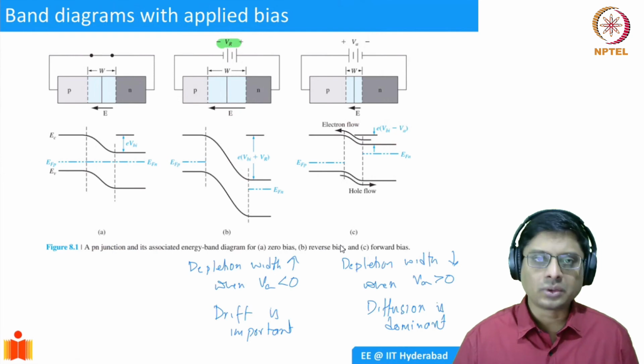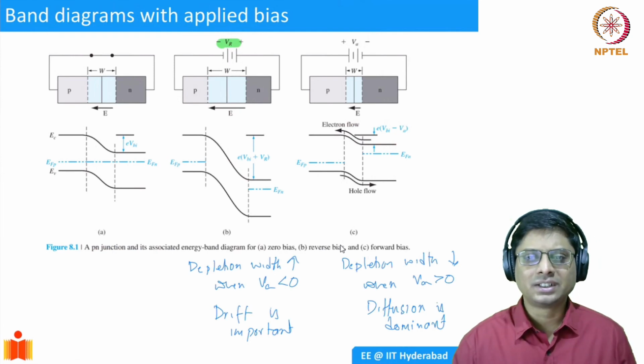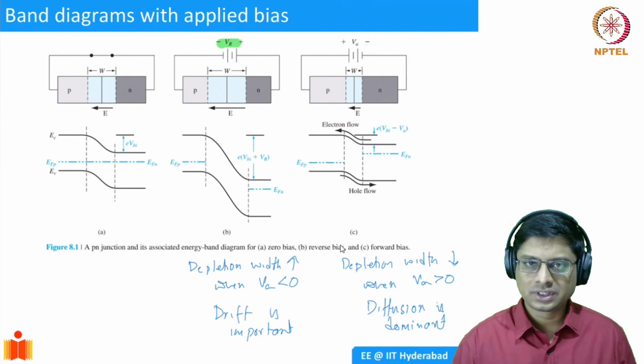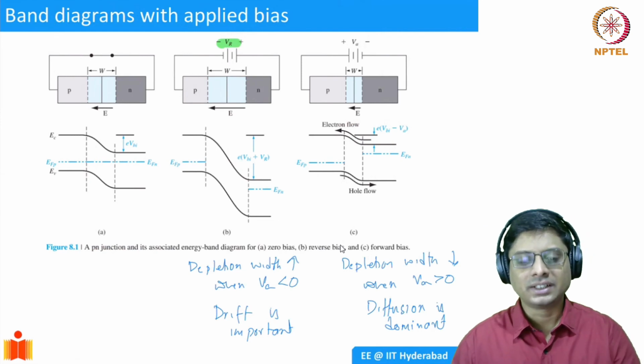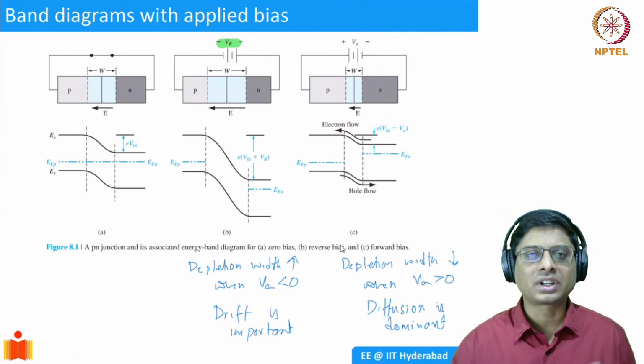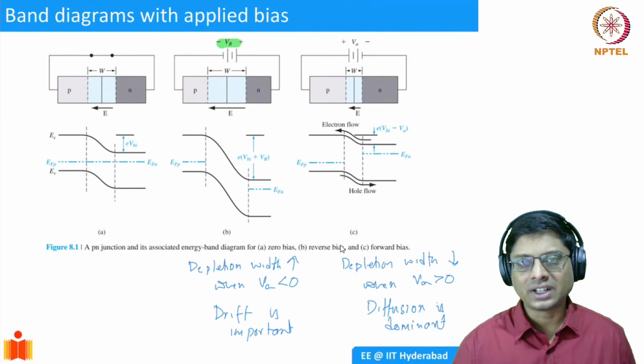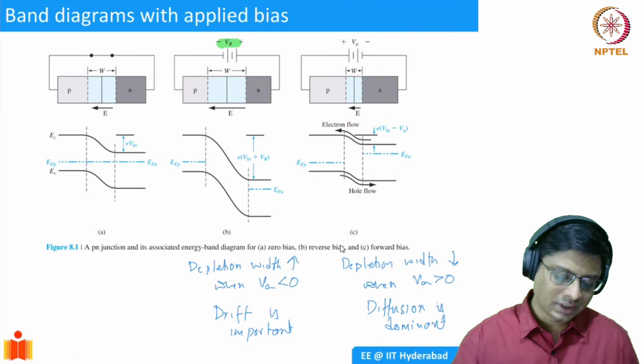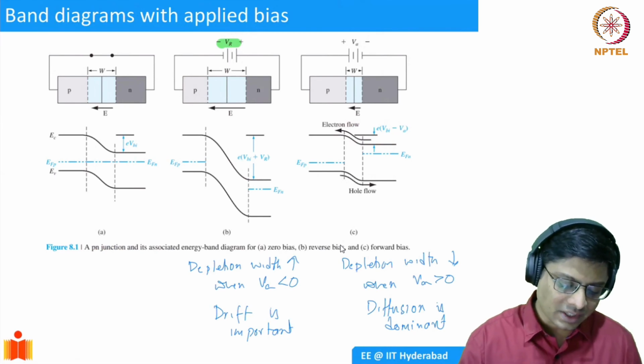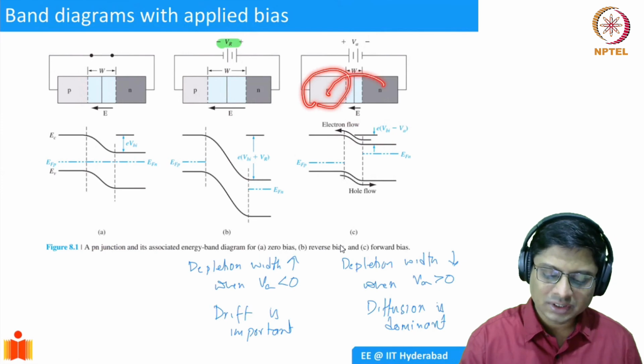Okay. So essentially, this is a basic qualitative understanding of p-n junctions. In the next video, we'll talk about the quantitative aspects. To do that, we need to understand how the minority carriers are responding. For example, here, you're taking holes from the p-type semiconductor and introducing them into the depletion region.